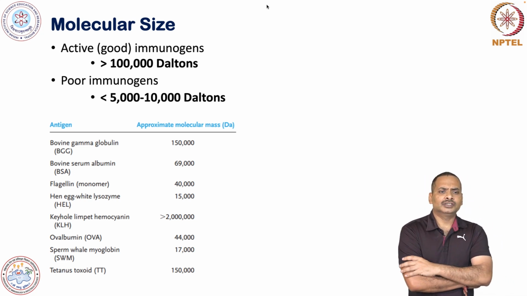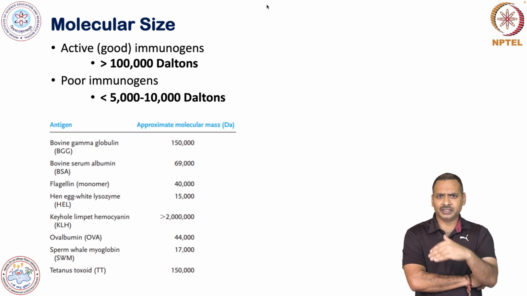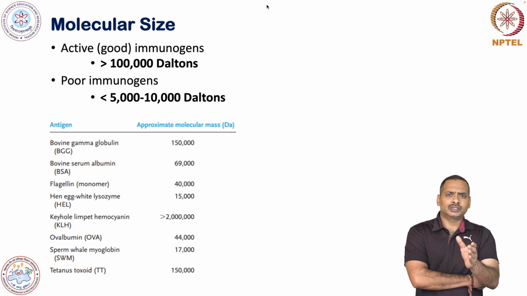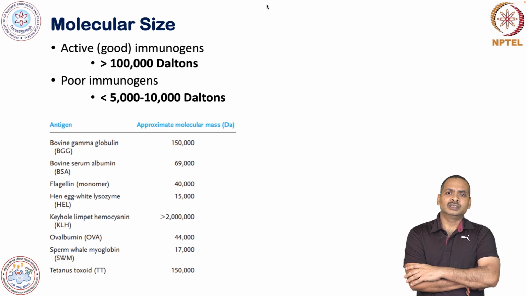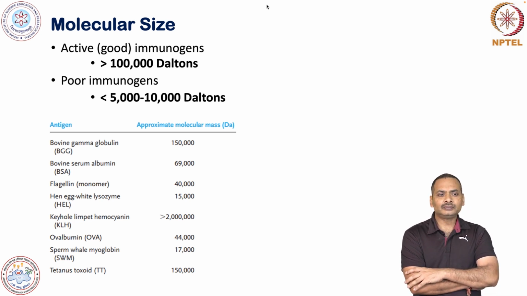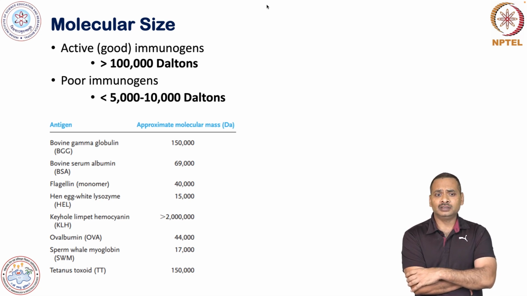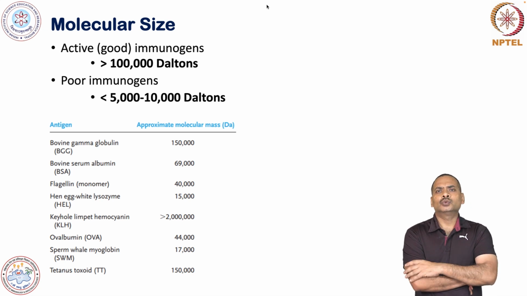Here I am showing some common antigens which we use in our experiments when we perform adaptive immunity experiments. One is bovine gamma globulin, and its molecular weight is about 150 kilodalton.